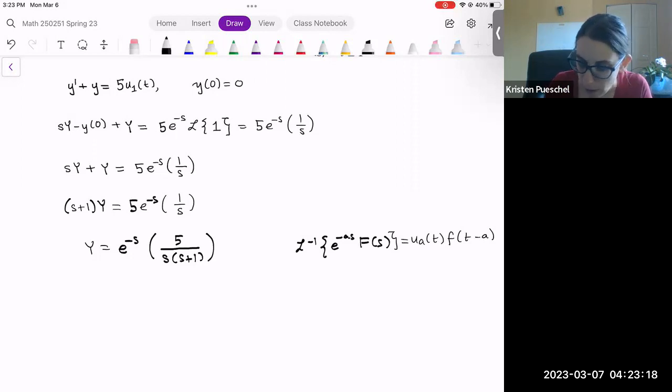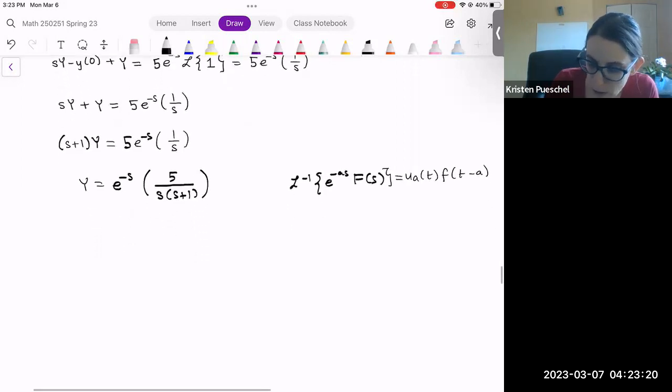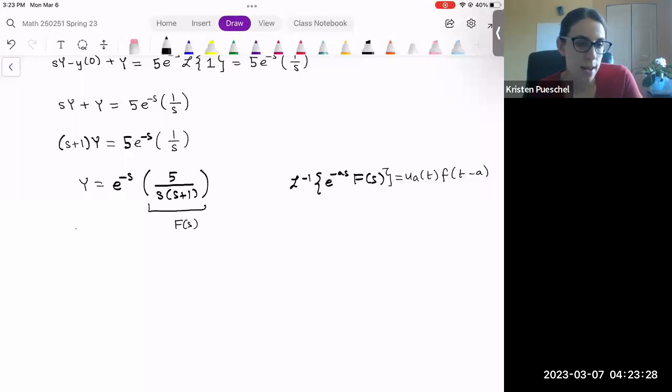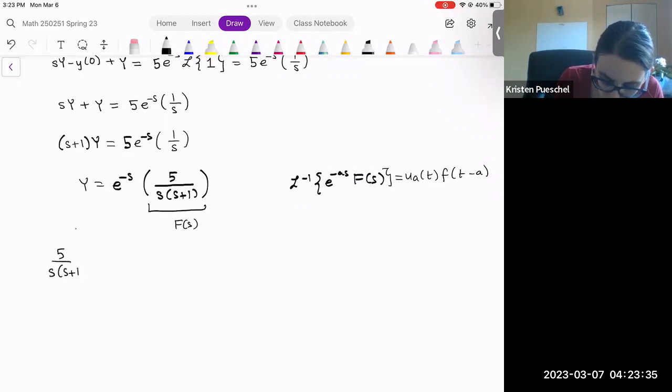Okay, so our job is going to be to first find the inverse Laplace transform of this 5 over s times s plus 1. And we can do this using our friend, the partial fraction decomposition. Take a moment and try this out.